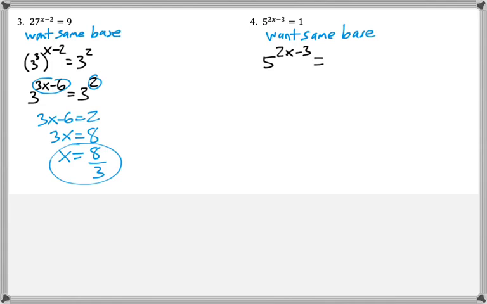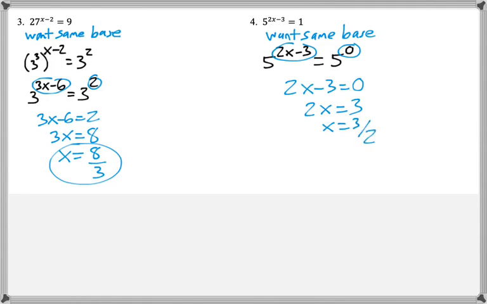And I can express 1 as 5 raised to some power, and that power would be 0, because anything raised to the 0 is equal to 1. So now I want to set the exponents equal, and then solve. And my final answer will be 3/2.